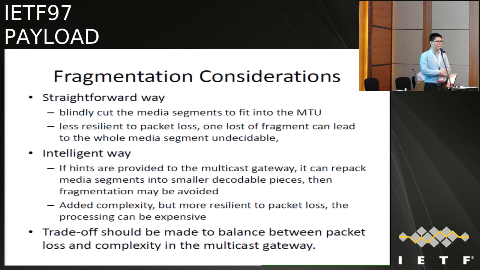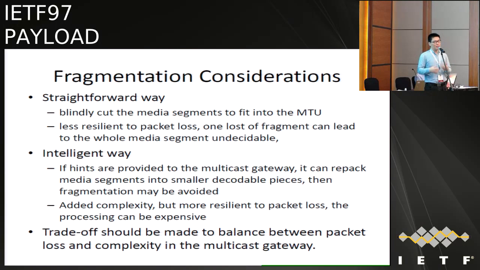We just cut it to fit into the RTP packets. But this way, it's less resilient to packet loss, because the loss of one fragment could lead to the whole media segment being undecodable. Maybe we can let the multicast gateway do it in a more intelligent way.